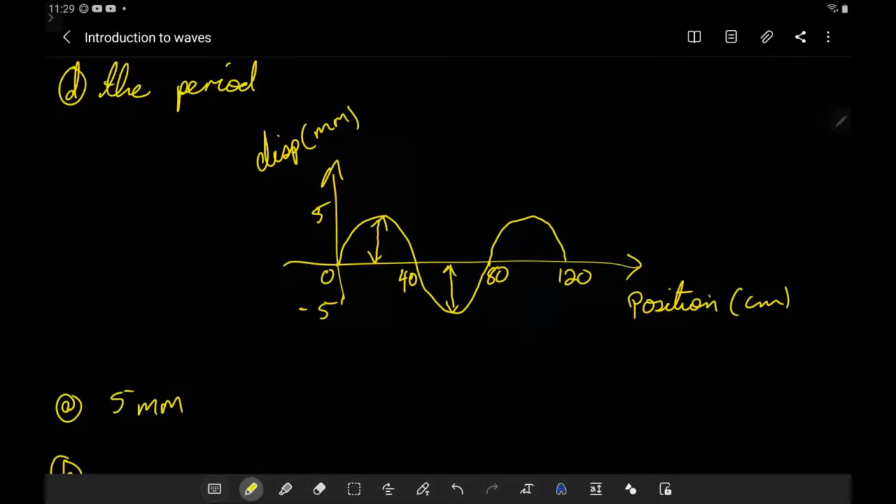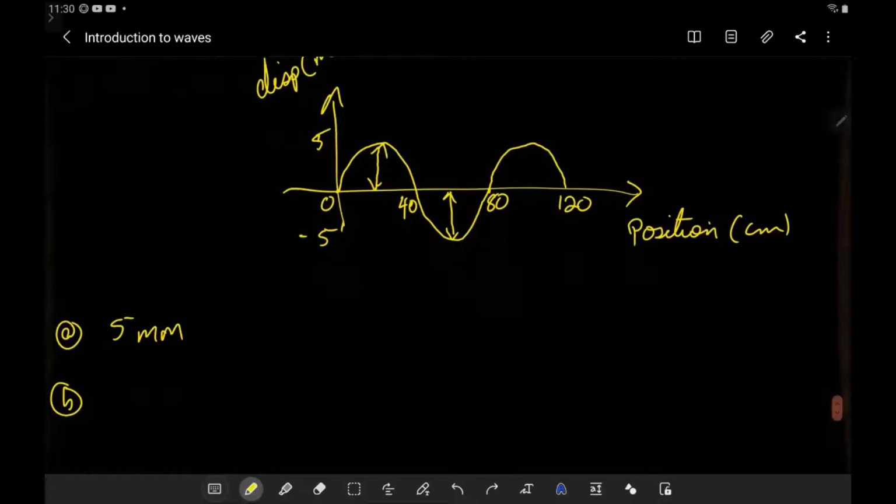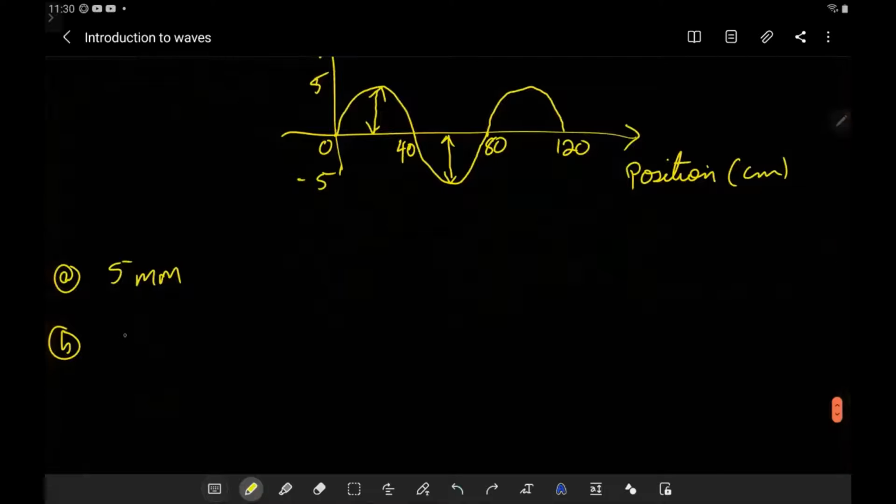Well, it's for one complete cycle, so it could be from here to here, from here to here, or from here to here. So what is the wavelength of this wave? 80 centimeters, yeah. So this would be 80 centimeters, or you could put it as 0.8 meters.